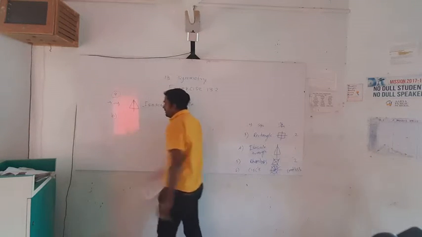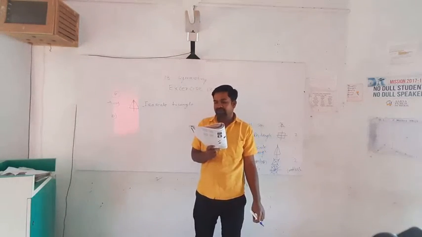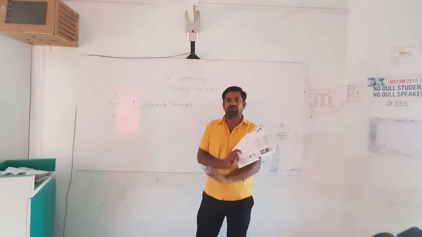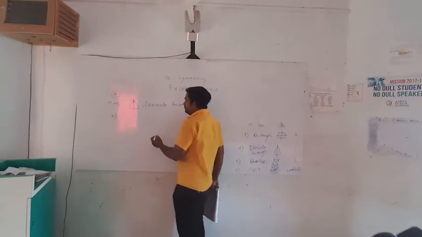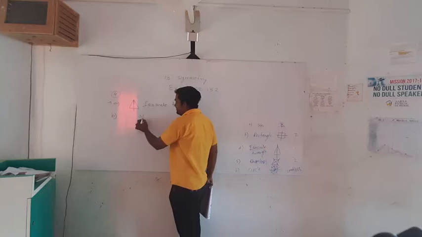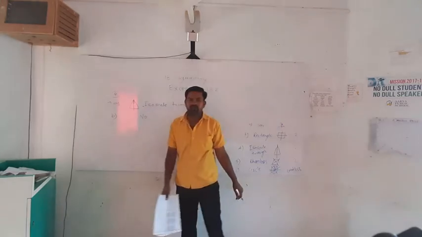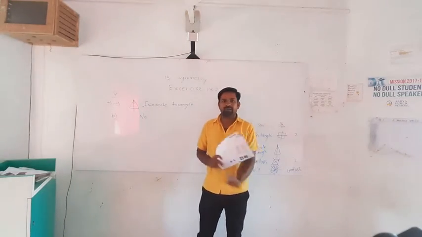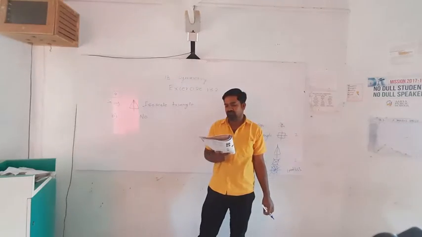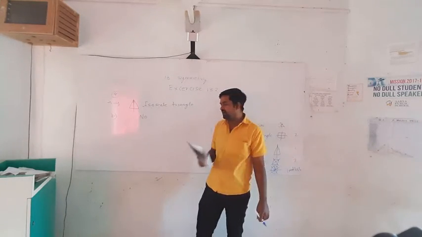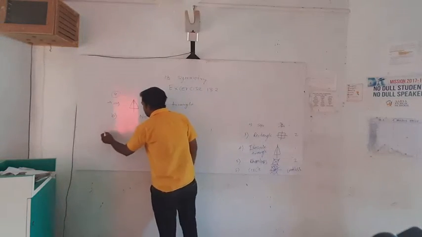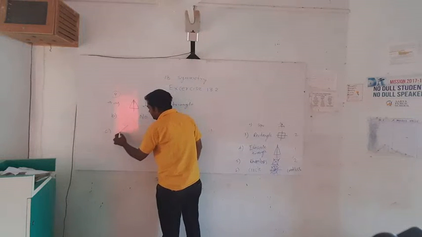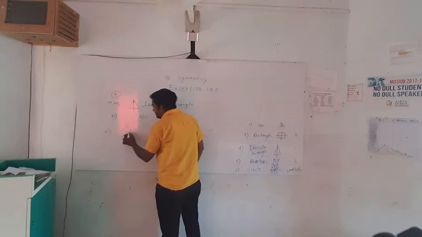The B one they have given is exactly 2 lines of symmetry. No triangle has 2 lines of symmetry. So the answer is no, no triangle has 2 lines of symmetry. Exactly 3 lines of symmetry. We know that the triangle with 3 lines of symmetry is the equilateral triangle.